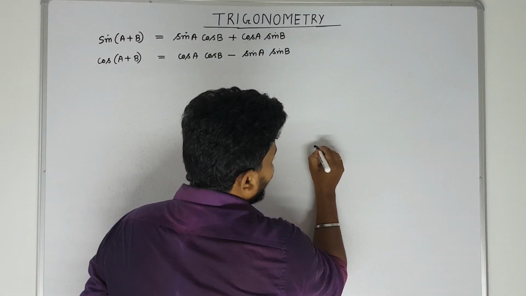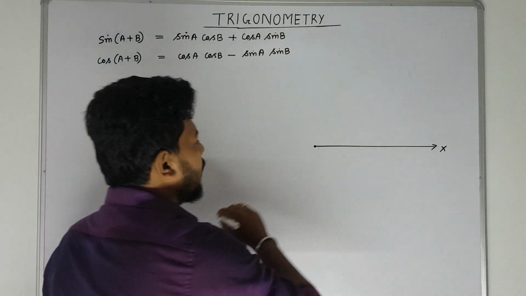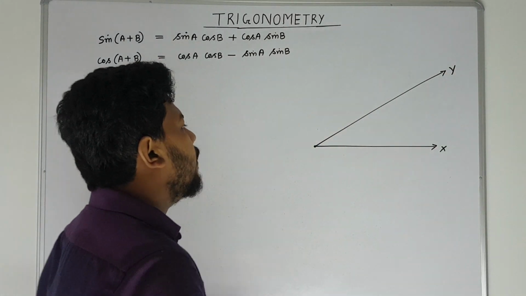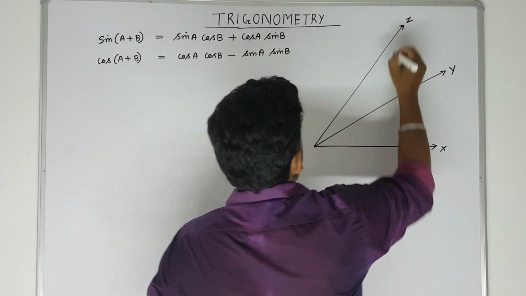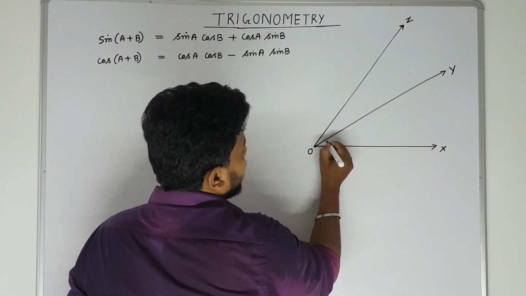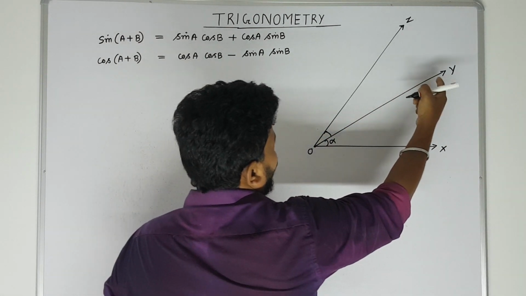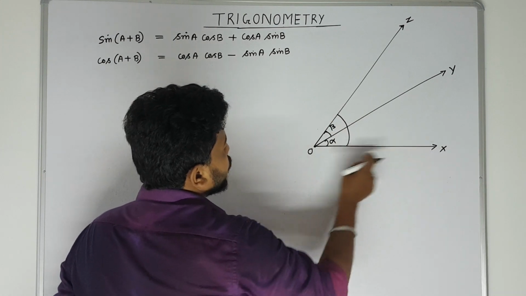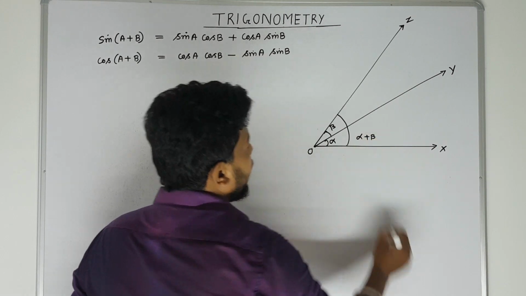Let this be your OX, a ray. Similarly, I draw another ray OY, and let us draw another ray OZ. Let the angle XOY be equal to alpha and the angle YOZ be beta. Therefore the angle XOZ will be equal to alpha plus beta, right?